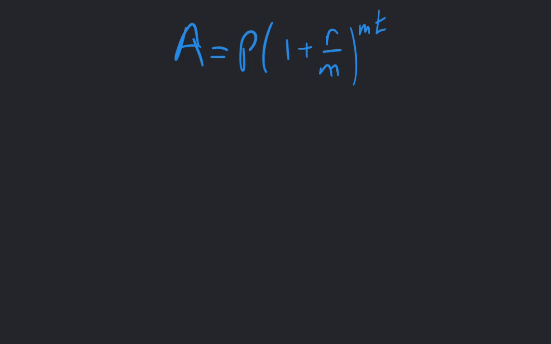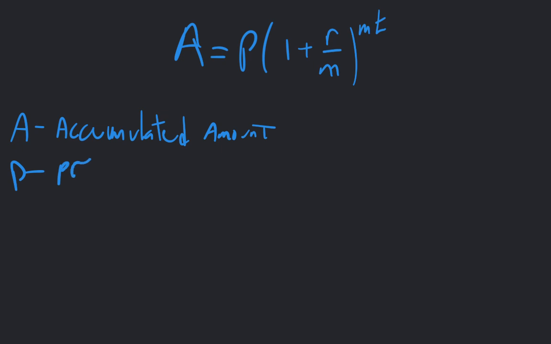Exponential functions show up all over the place. For example, in finance, the compound interest formula shows up. So A is the accumulated amount, the amount that we're trying to find. I guess it could also just be amount. The P is the principal.